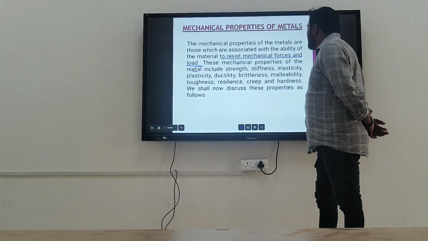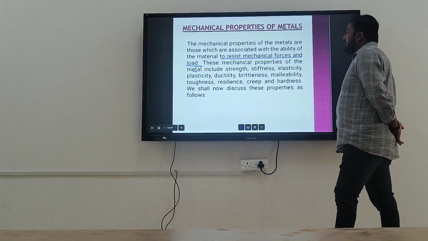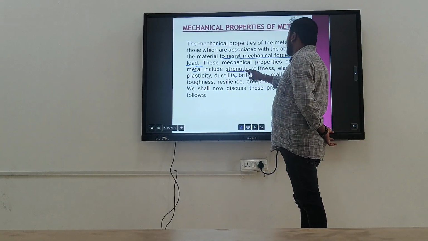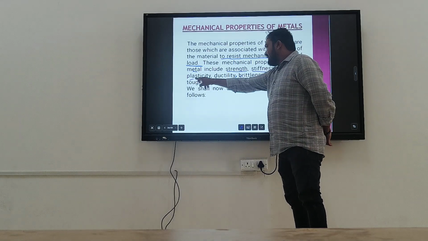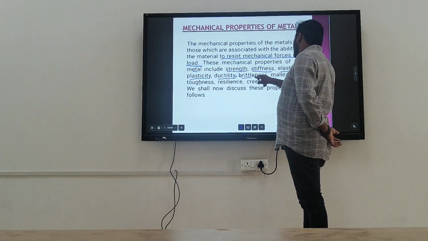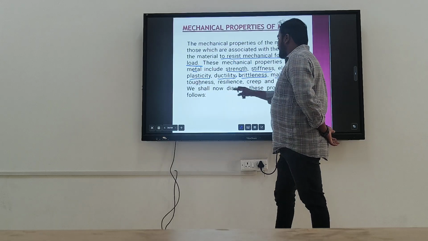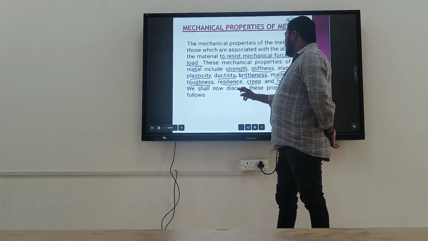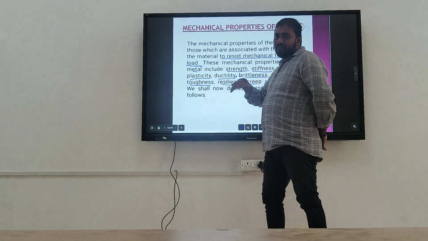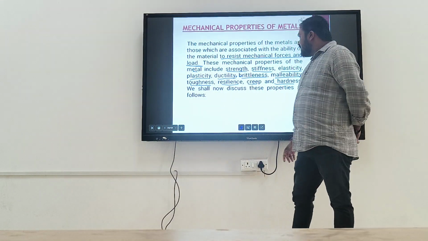These mechanical properties of the metal include strength, stiffness, elasticity, plasticity, ductility, brittleness, malleability, toughness, resilience, grip, and hardness. These terms we will discuss in the next slide.